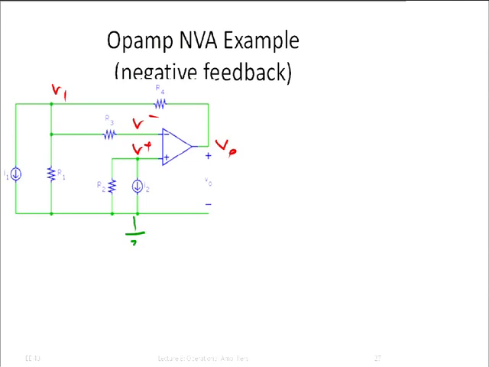And then the first equation we write is V minus equal V plus, and the other three equations we write are the node equations for V1, V minus, V plus, and we are not writing an equation for the output. Okay? That's the schema you're going to use, if you want to use node voltage analysis.